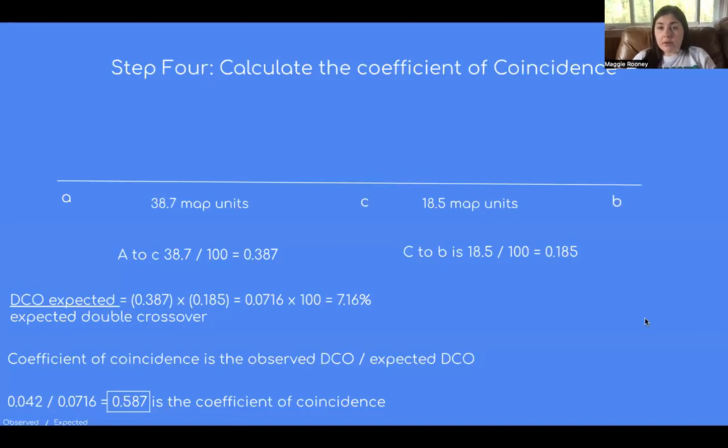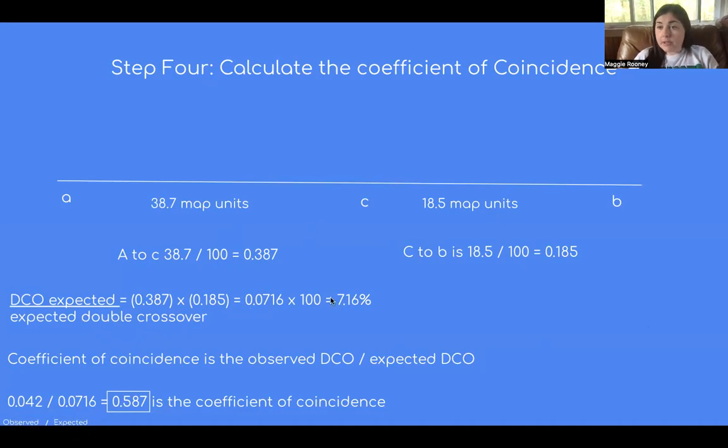Step four, we're going to calculate the coefficient of coincidence. We just found the map units, but we want to put that back in a decimal so it's easier for us to work with. So divided by 100 on both sides to get our decimals. The expected double crossover is those numbers we have above, 0.387 times 0.185 to get 0.0716.